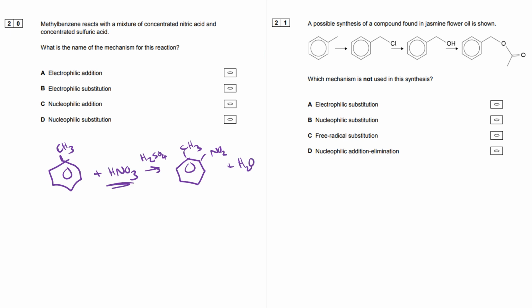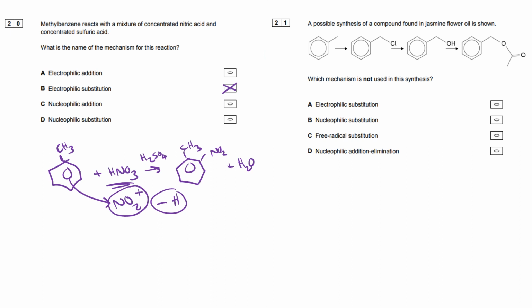Nitric acid and sulfuric acid make NO2+ when they react together. NO2+ is an electrophile. The NO2 is added on to the benzene ring and a hydrogen atom is removed. So you've got an electrophile that is substituting in for a hydrogen on the benzene ring. That's an electrophilic substitution reaction.